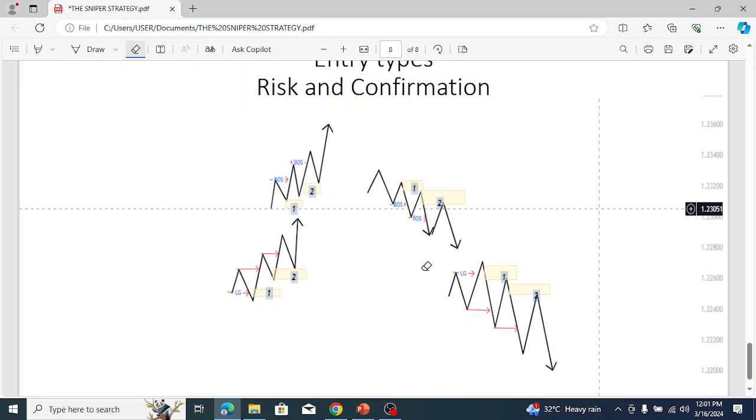The market was in an uptrend, and the trend changed: it took out liquidity, broke structure, and had a successful retrace that broke a structure. Also, for your confirmation entry, you have an entry here. All this happens on the lower time frame, which is your 15 minutes, 1 minute, 5 minutes, and it also happens on the higher time frame. It depends on the type of trader you are.